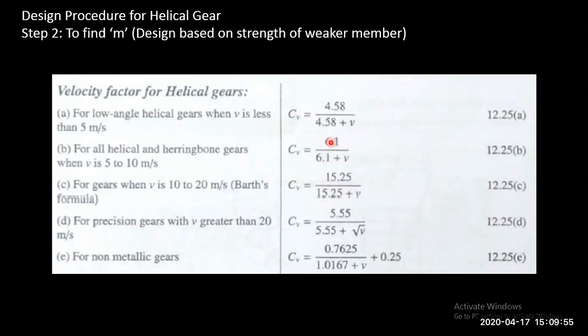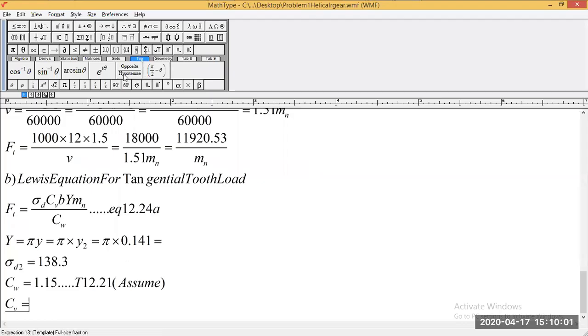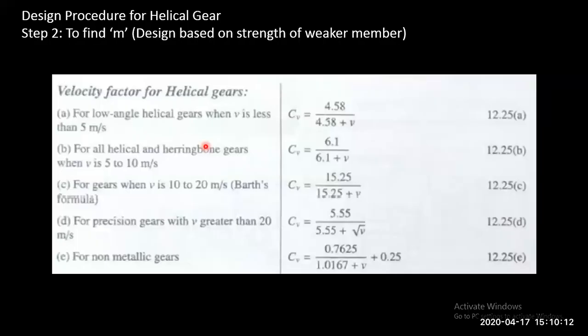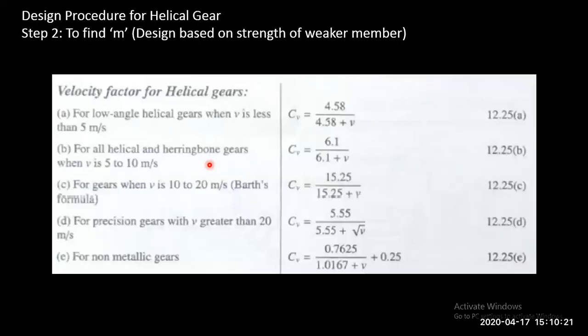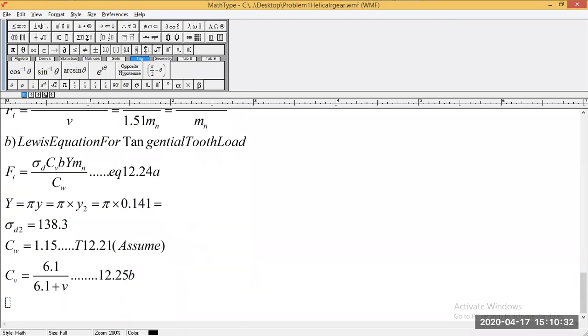So CV, let's say we'll take this value equal to 6.1 over 6.1 plus this value here. This is V. So this is equation 12.25B. Okay, so let's substitute this.